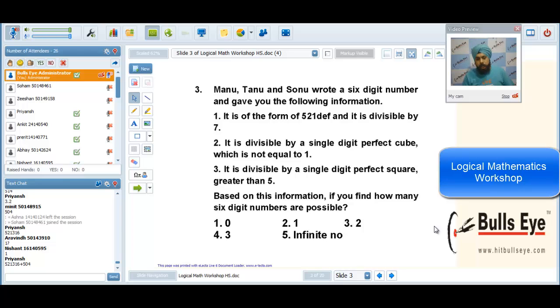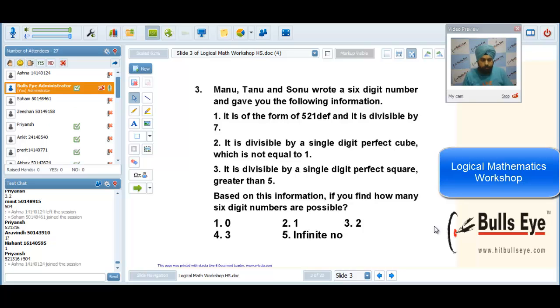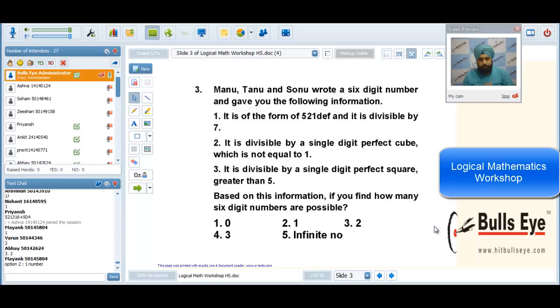Priyansh, that could be. Priyansh, just check your numbers, they could be wrong. Okay guys, I think we should discuss it now.